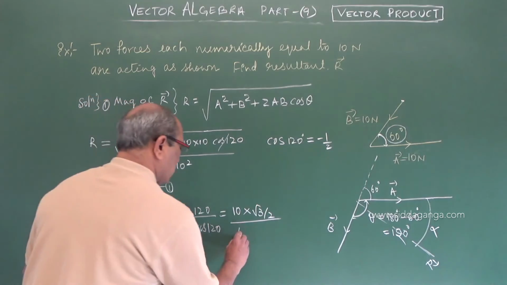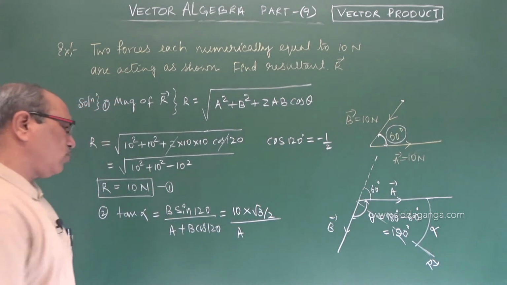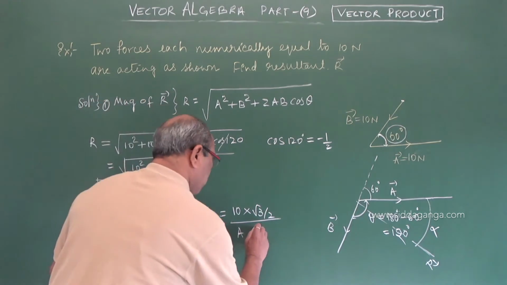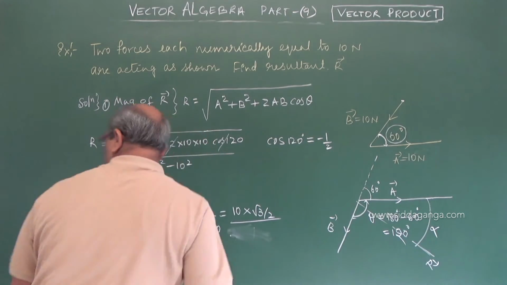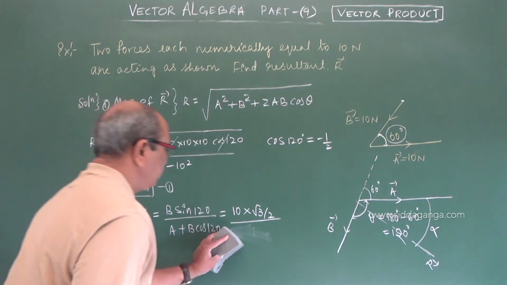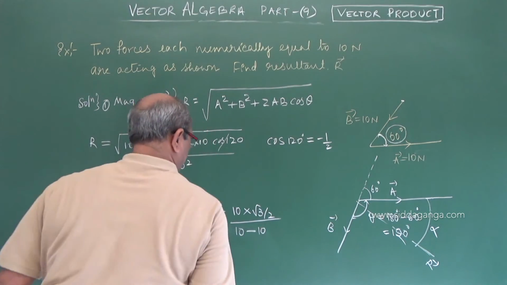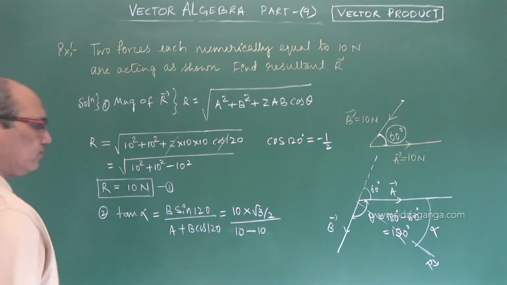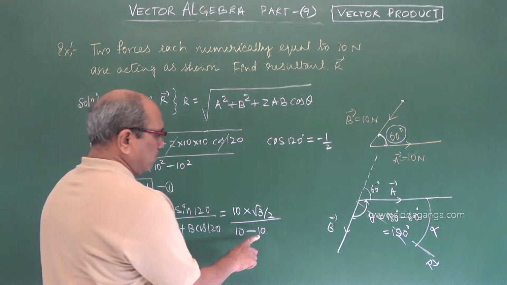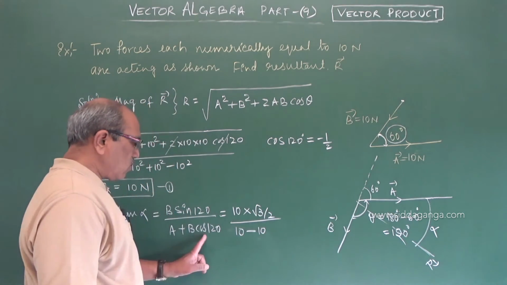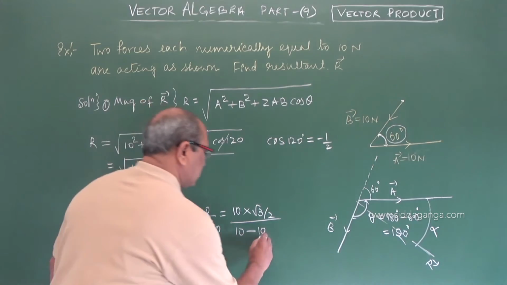A you already know, B is 10. I am writing the values: 10 plus 10 times cos 120, which is minus half, so minus 10 by 2.